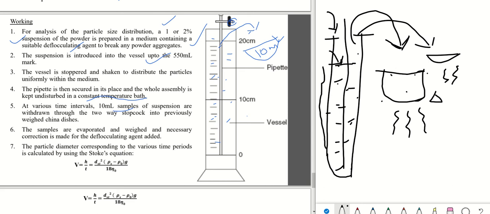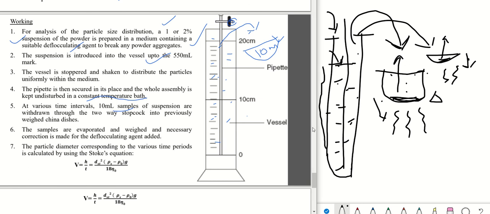Now heat these china dishes at regular intervals, and after all the medium gets evaporated, we will be left with only solids. Now weigh each sample at regular time intervals. Now we need to consider Stokes' law or the Stokes equation.